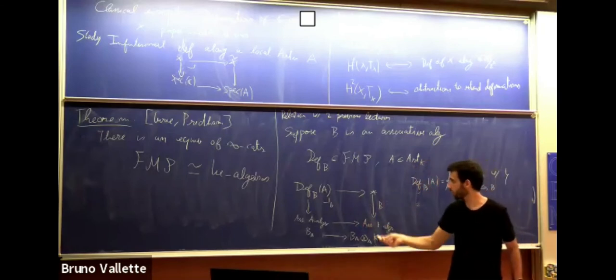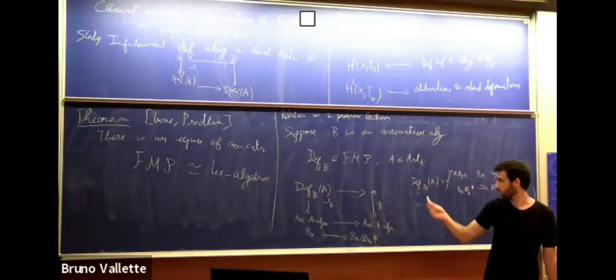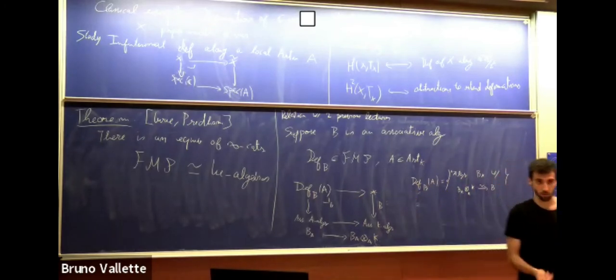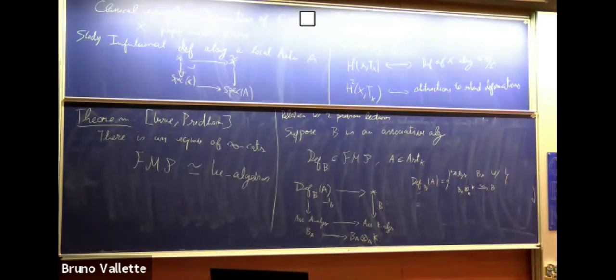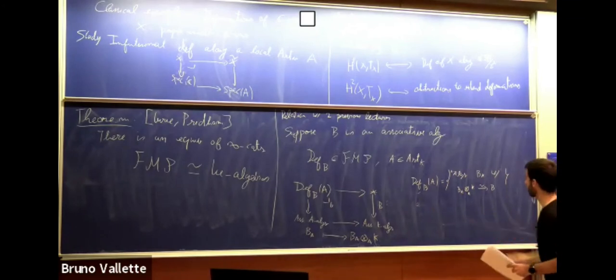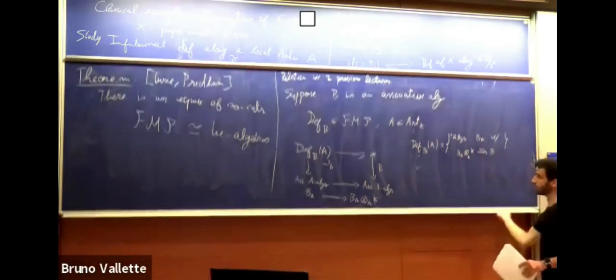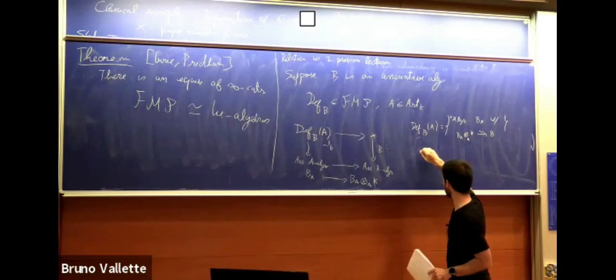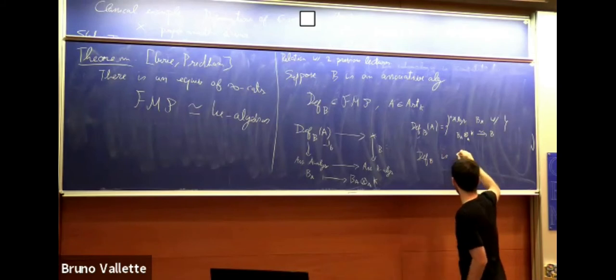It's being taken over infinity categories, but one actually verifies that the infinity category you obtain is actually a space. So that's it. I guess the proposition is that Def B is indeed an FMP.